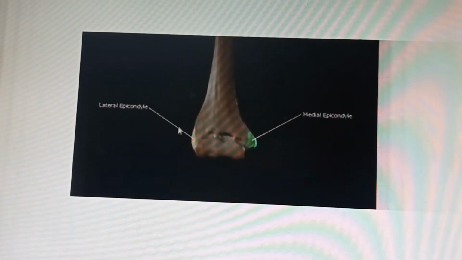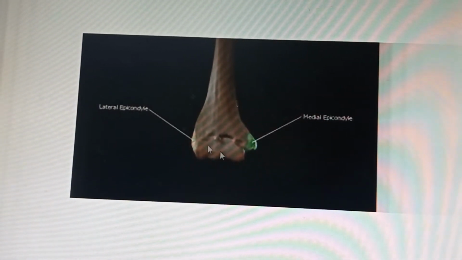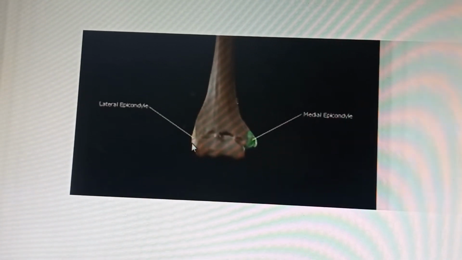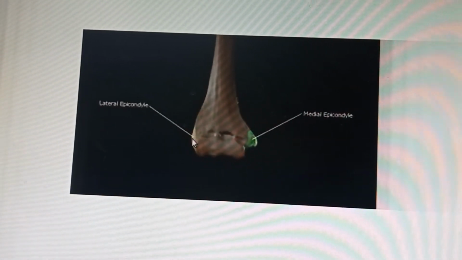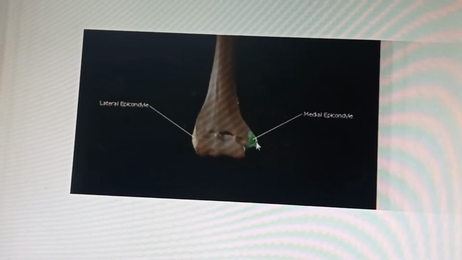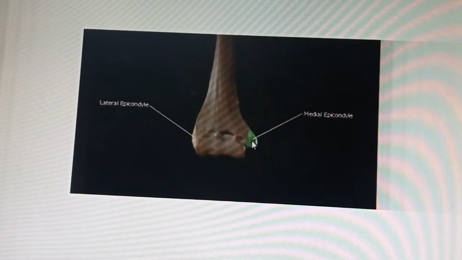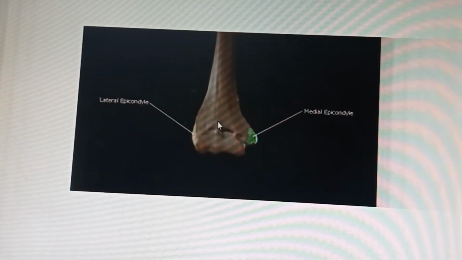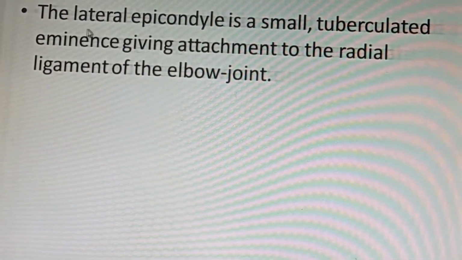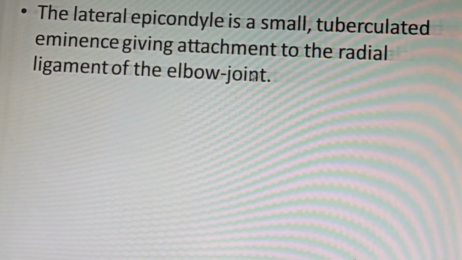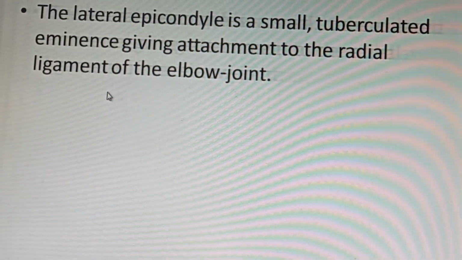This is the distal end of the humerus. On the lateral side, this is called the lateral epicondyle, and this highlighted eminence and projection is called the medial epicondyle. The lateral epicondyle is a small tuberculated eminence giving attachment to the radial ligaments of the elbow joint.